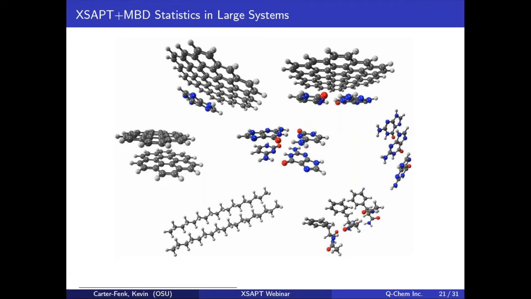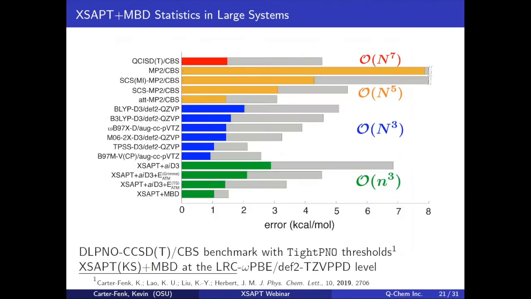So it's a data set that is quite amenable to our benchmarking purposes. So these are DLPNO CCSD(T) benchmarks extrapolated to the complete basis set limit using tight thresholds, so as to achieve the best benchmarks that we could.